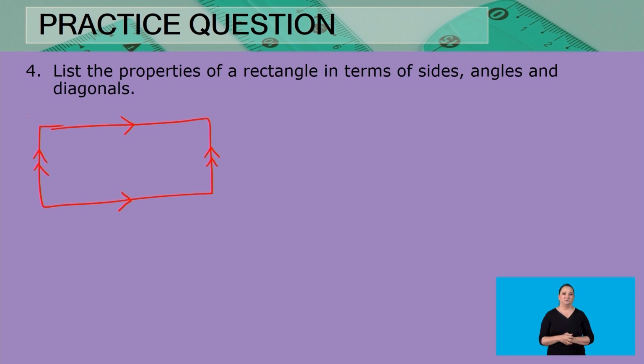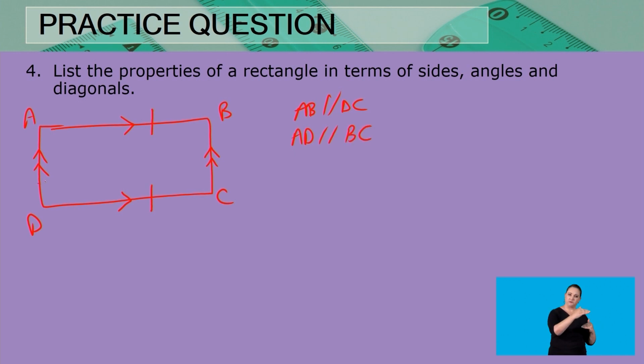Let's label it quickly, A, B, C, D. It means AB is parallel to DC, and AD is parallel to BC. And also, the opposite sides are equal. So again, AB is equal to DC, and AD is equal to BC.